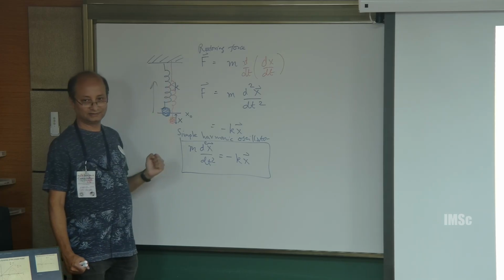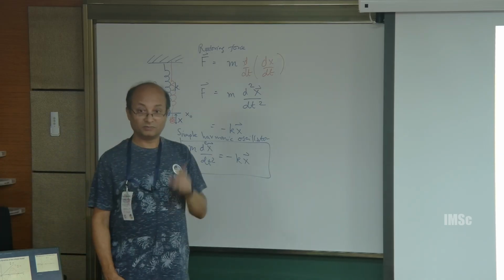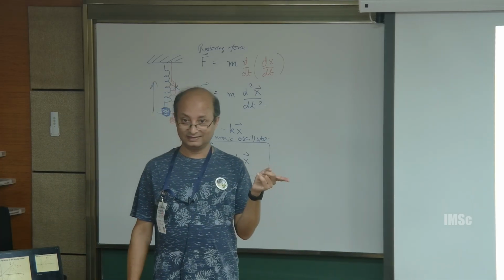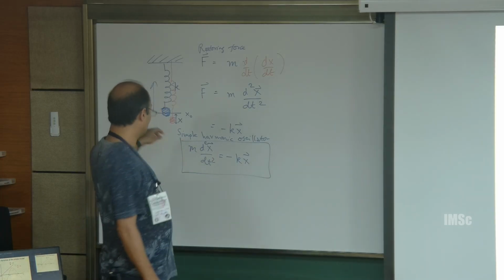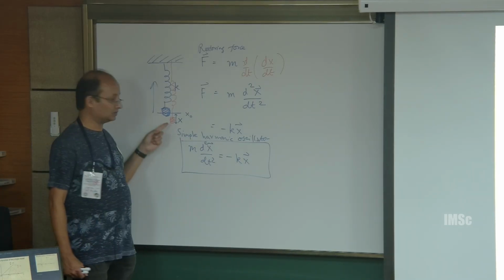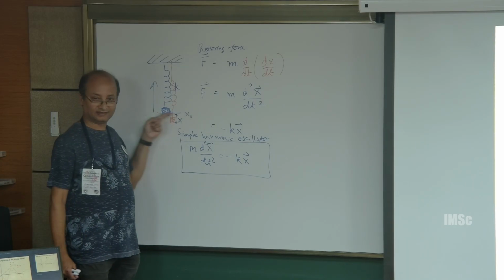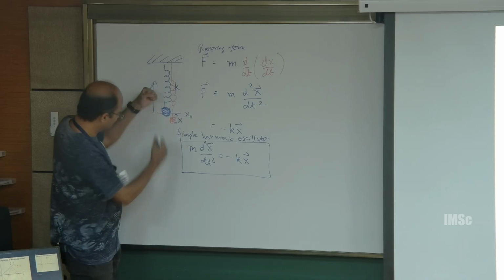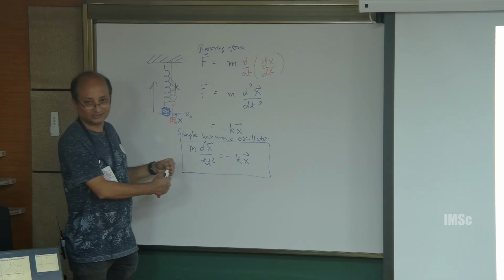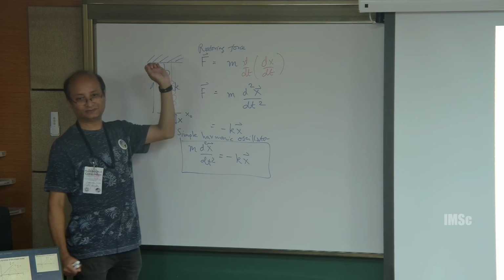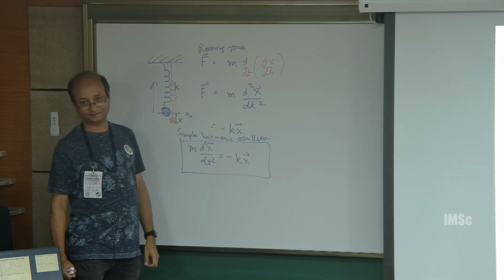Depending upon where my x naught is, if it's moving this way, that means it's moving in the positive direction. If it's moving this way, it's moving in the negative direction, for example.